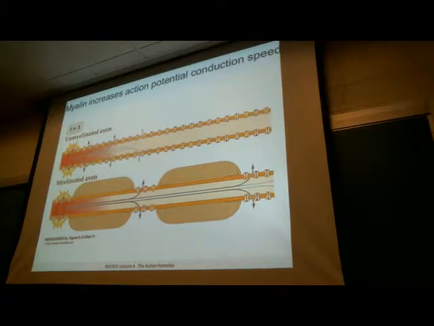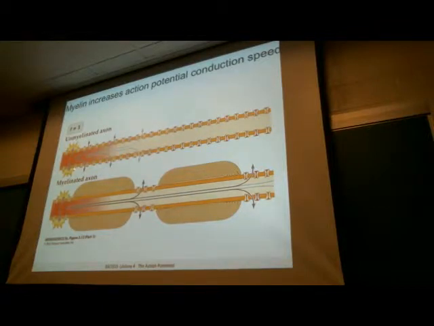So at a given point, you've got more of the signal maintained. What that means is that if your threshold for firing an action potential is this high, the myelinated axon is going to meet that threshold when the unmyelinated axon is not.